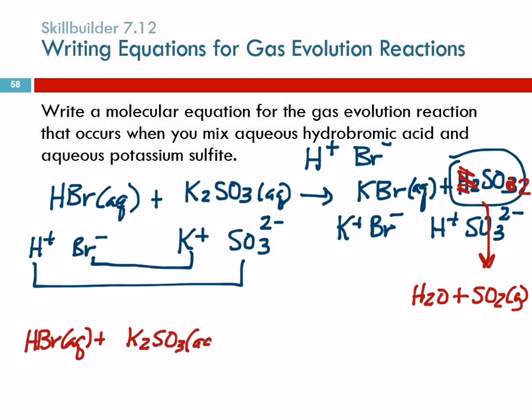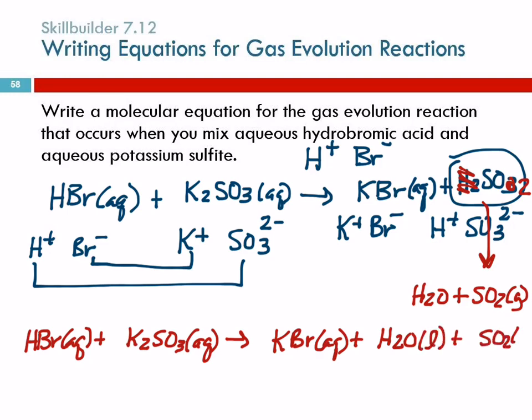K2SO3 was aqueous. And then we can't forget this guy. He's just hanging up here, not minding his own business, not bothering anybody. And then we've got H2O. What's the state of water at room temperature? Liquid. And then we've got SO2, which is a gas.